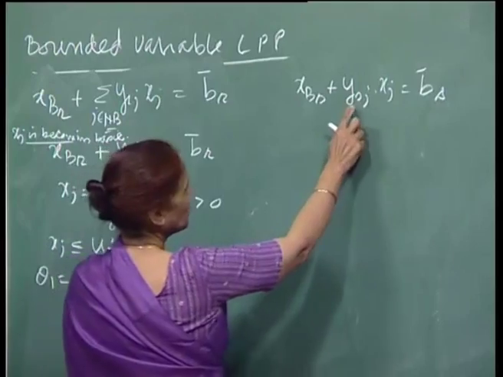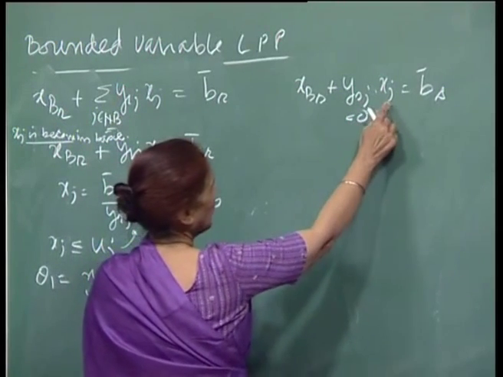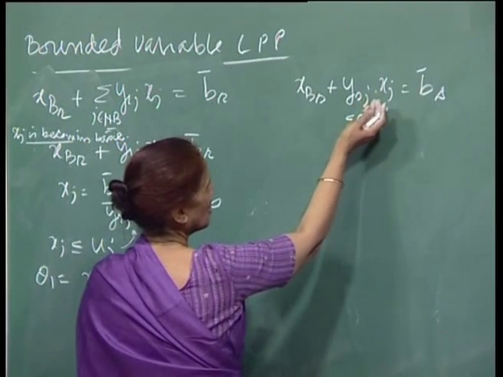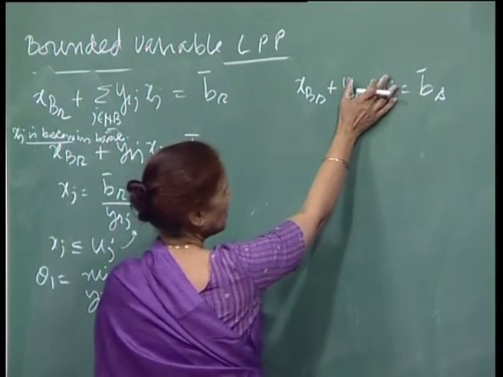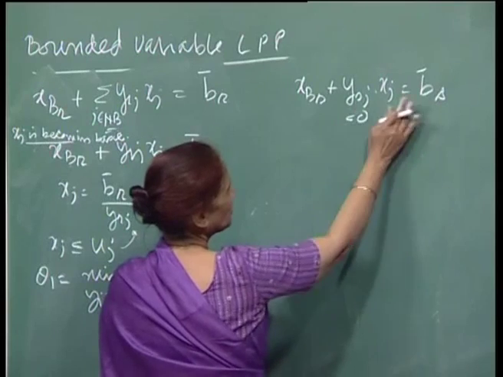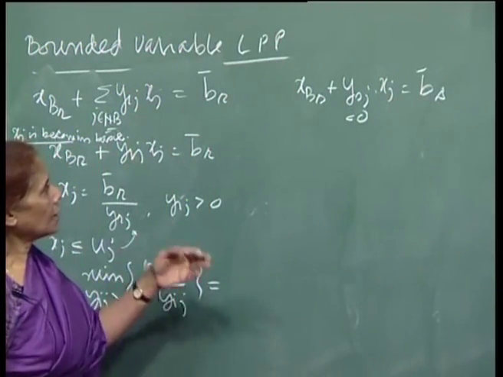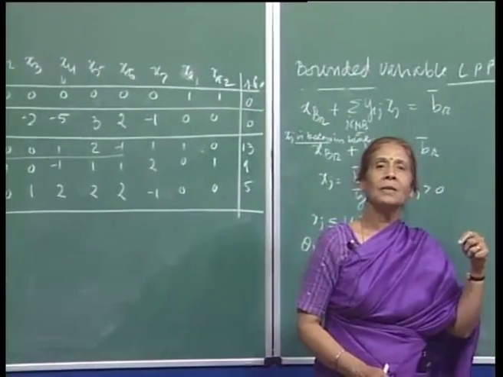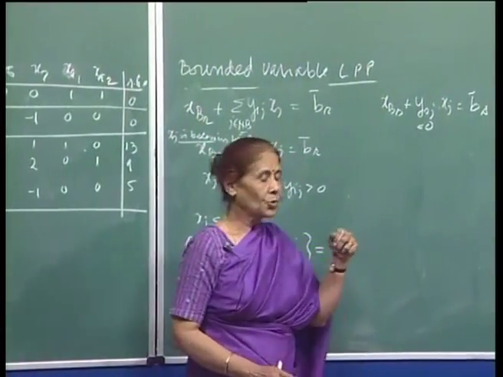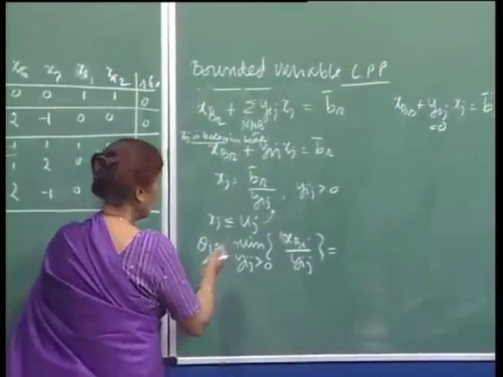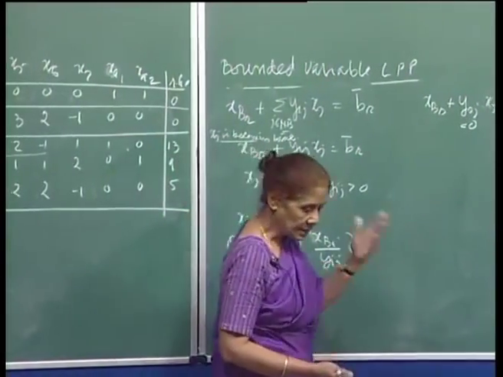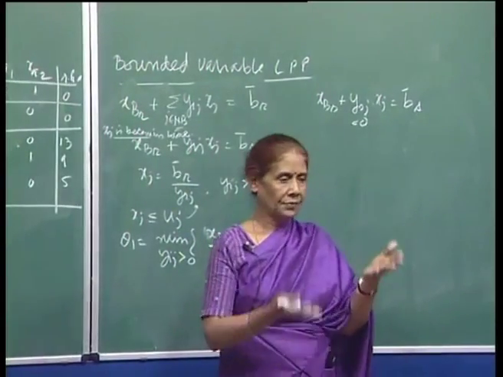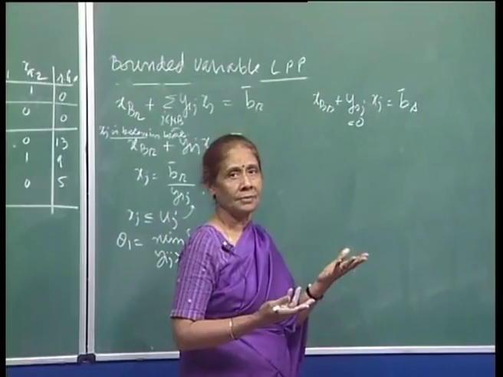Now, because Ysj is less than 0, as xj increases, Ysj into xj is becoming negative. So in order for this equation to be satisfied, the value of xBs will go up instead of becoming negative. So far it did not bother us, because we were not concerned with the entering column having negative entries, since if the value goes up, it stays non-negative.